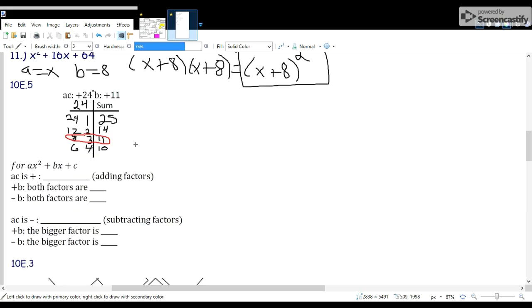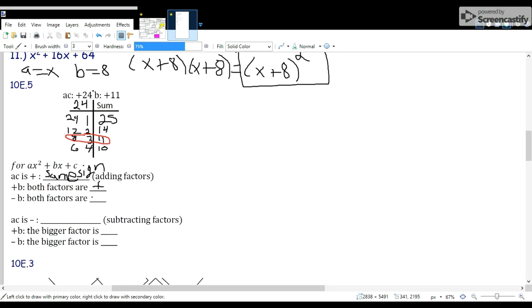Now, if you look at the bottom of your paper for page 3, for ax squared plus bx plus c, when a times c is positive, you're going to have the same signs. Basically, they're either both going to be positive or both negative. If the b is positive, both factors are positive.